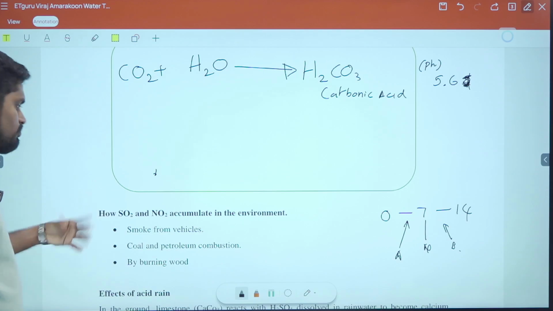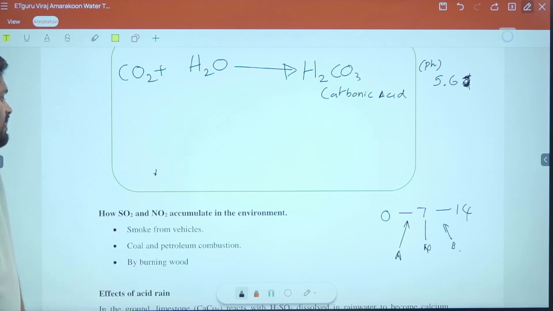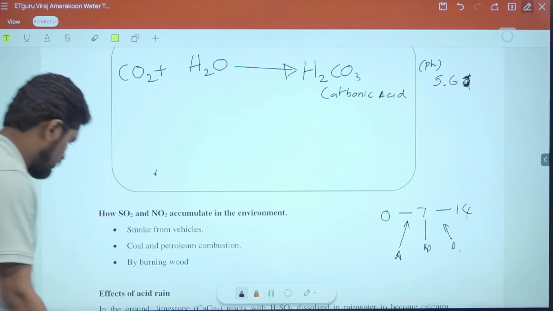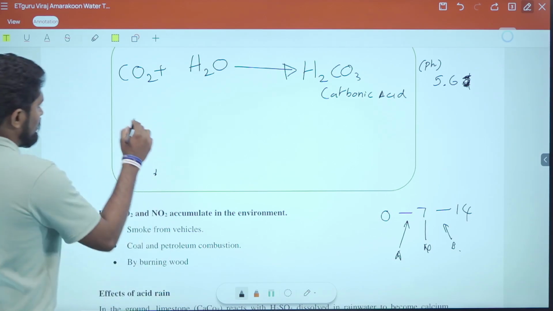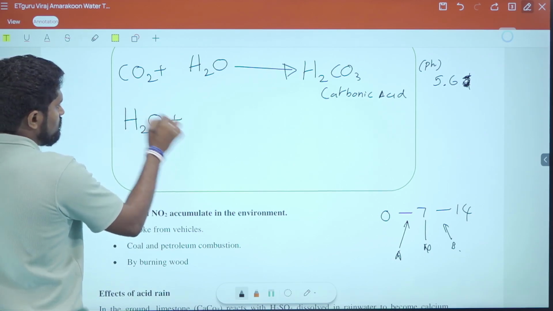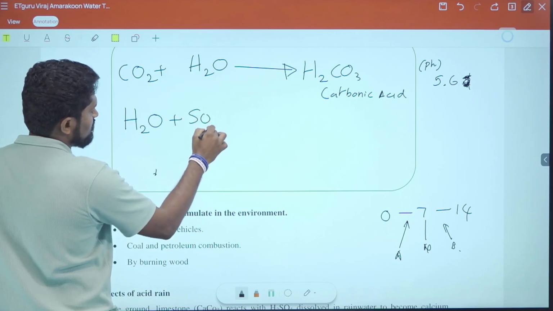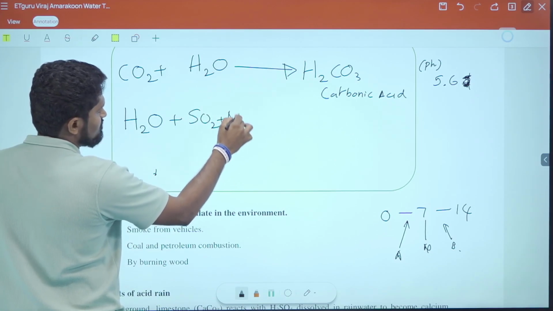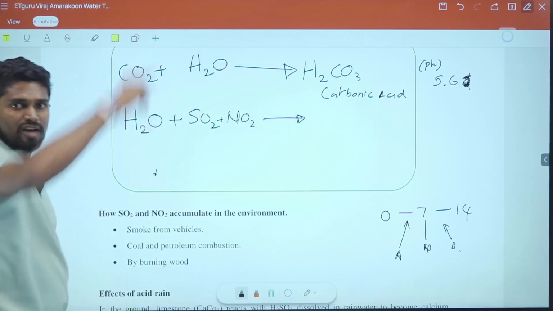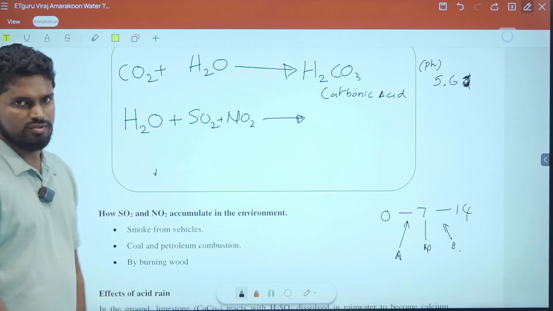with the smoke of vehicles, coal and petroleum combustion, and burning wood, those processes happen. Then, you know, in the cloud there is water, and sulfur dioxide and nitrogen dioxide are present. Those reactions happen at the top of the atmosphere, near the clouds.